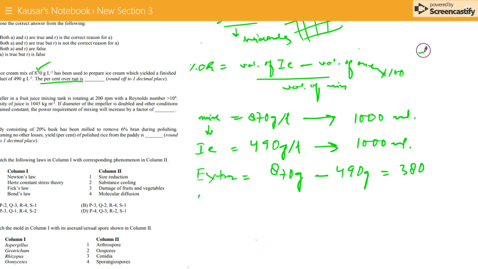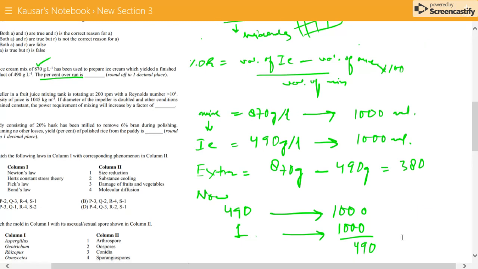So now we can say 490 gram has produced 1 liter of ice cream. 1 gram can produce 1 liter divided by 490.